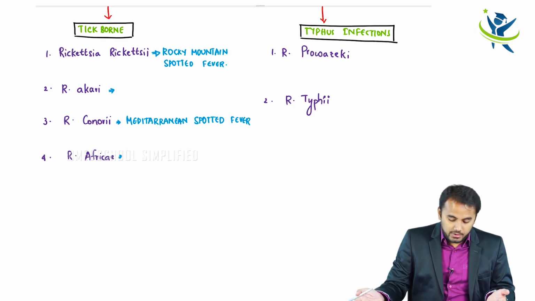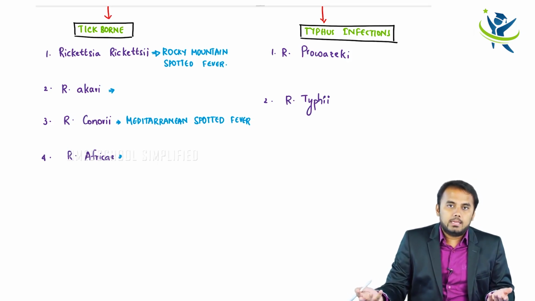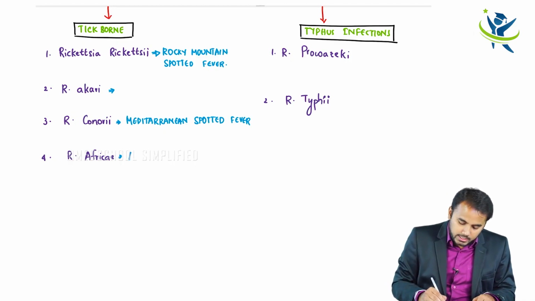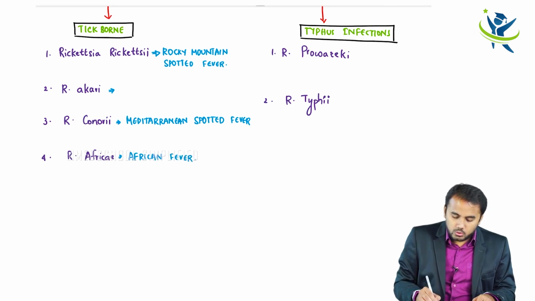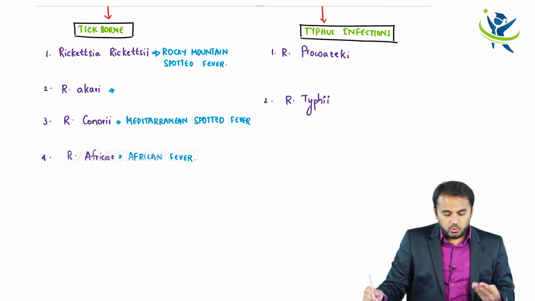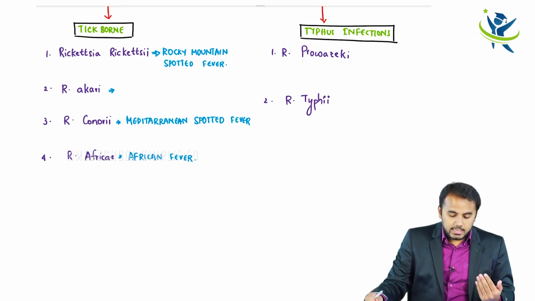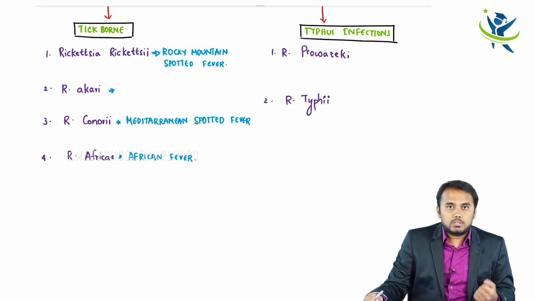African fever. What type of African fever? That is African tick bite fever. So simply I am writing it as African fever. So out of these four tick-borne infections, Rickettsia rickettsii causes Rocky Mountain Spotted Fever, Rickettsia conori causes Mediterranean Spotted Fever, and finally Rickettsia africae causes African fever, because there are no spots basically, so it is not a spotted fever.